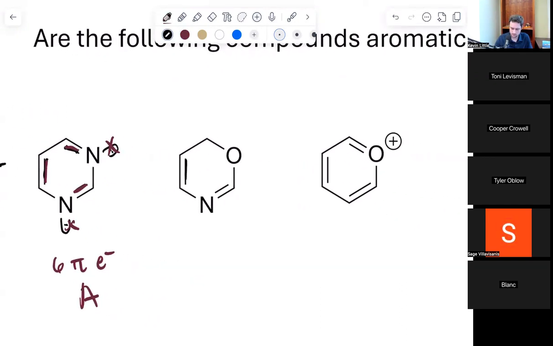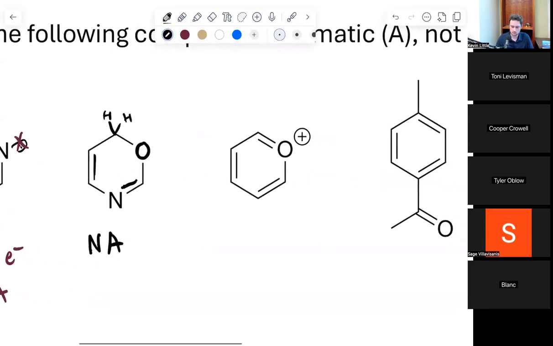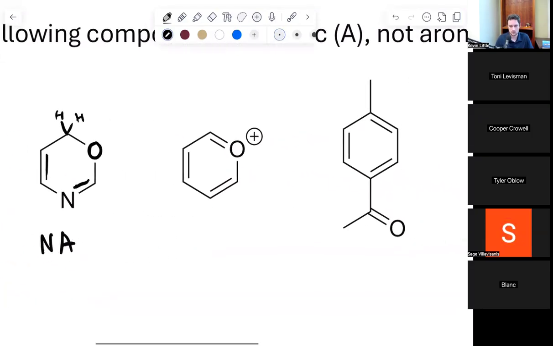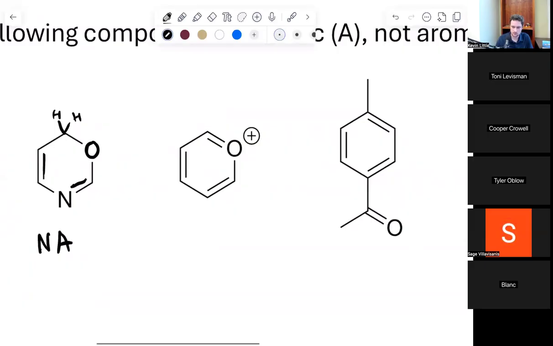This is a ring, but there's an sp3 carbon here. So this is not fully conjugated. So this is not aromatic. This is a ring.